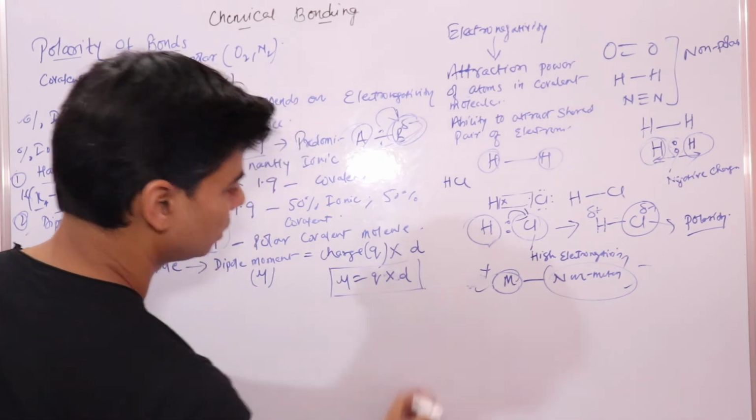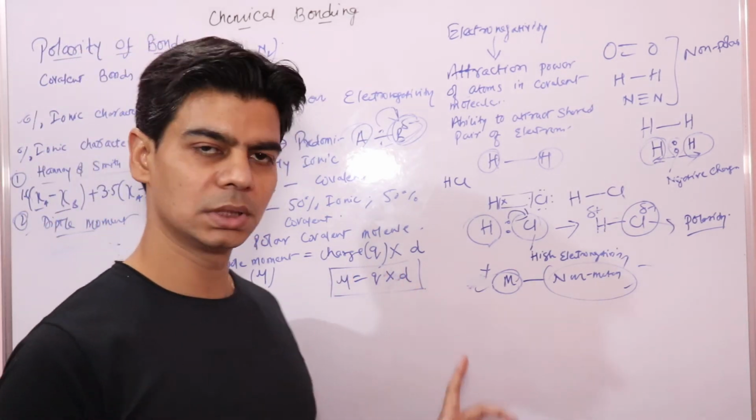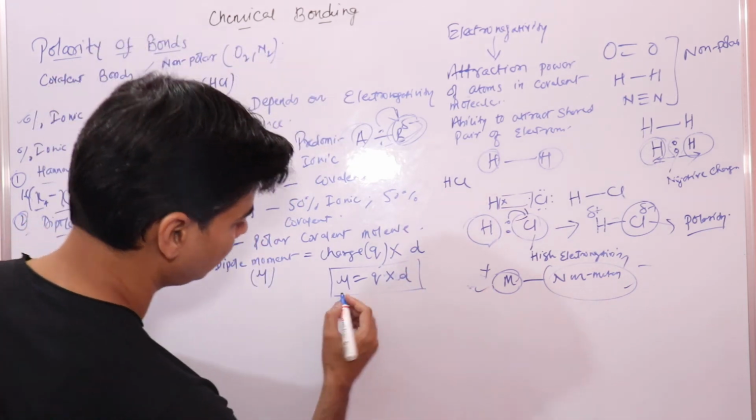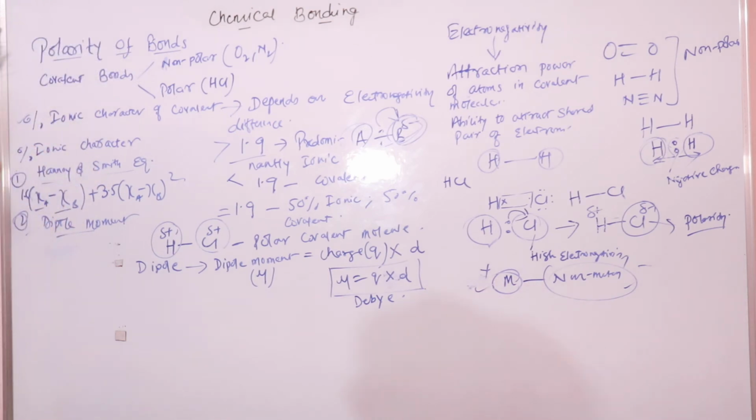This is the formula for dipole moment. And the unit in which this is calculated is Debye, D-E-B-Y-E. So just know what your dipole moment is, and the unit in which dipole moment is calculated is Debye.